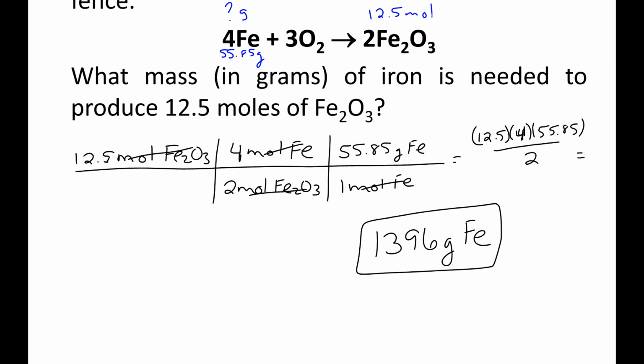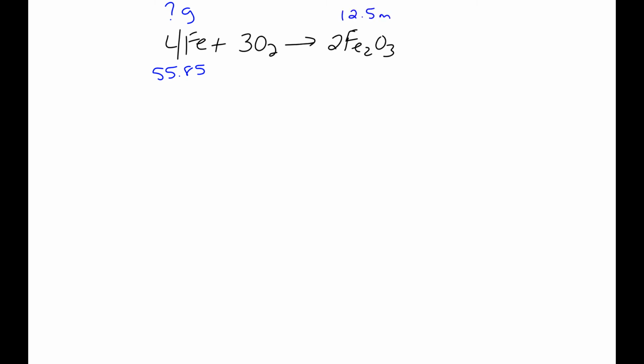Okay, so on the next one, I will show you the way with the times with the fractions and then with the parentheses. So this time let's go ahead and write the equation down again. So we have 4Fe plus 3O2 yields 2Fe2O3. I'm going to put my amounts, grams, 55.85, and 12.5 moles.